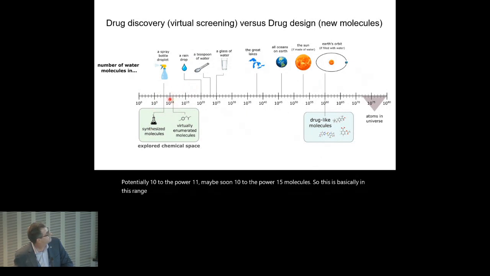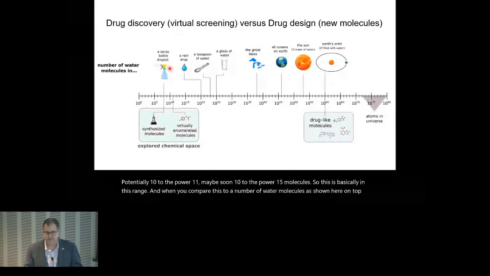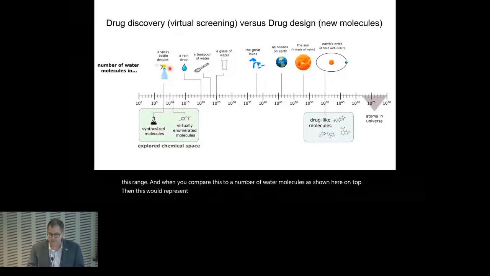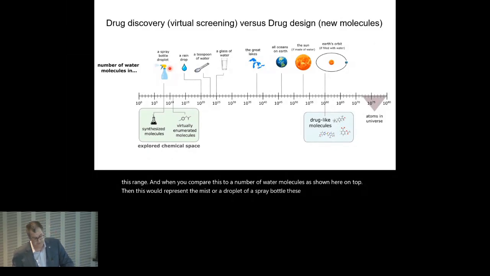And when you compare this to a number of water molecules as shown here on top, then this would represent the mist or a droplet of a spray bottle. These are tiny entities. Whereas when we look at the entire chemical space that is theoretically available by designing chemical compounds that have not been available yet, then this would be Earth's orbit filled with water.